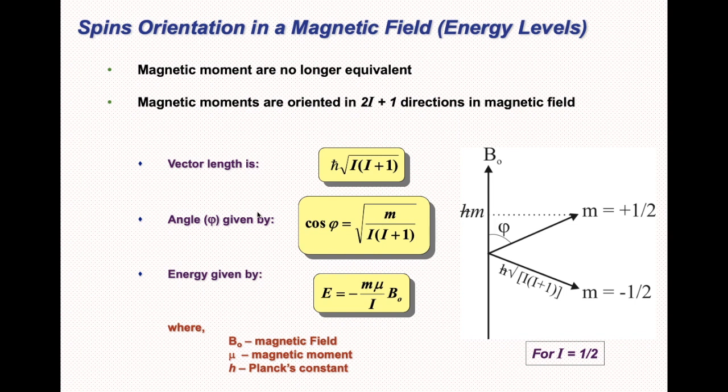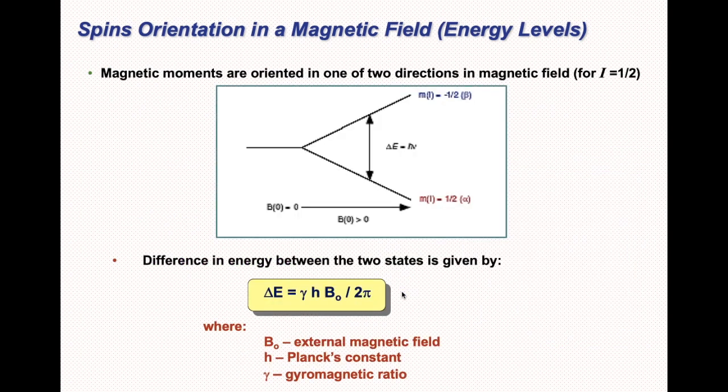Similarly, the angle with respect to the applied magnetic field at which it is rotating can be estimated using this formula. The energy of the nuclear spin state can be calculated using this formula, which is nothing but the angular momentum multiplied by the external magnetic field. From this, we can also calculate the separation between the two nuclear spin states.